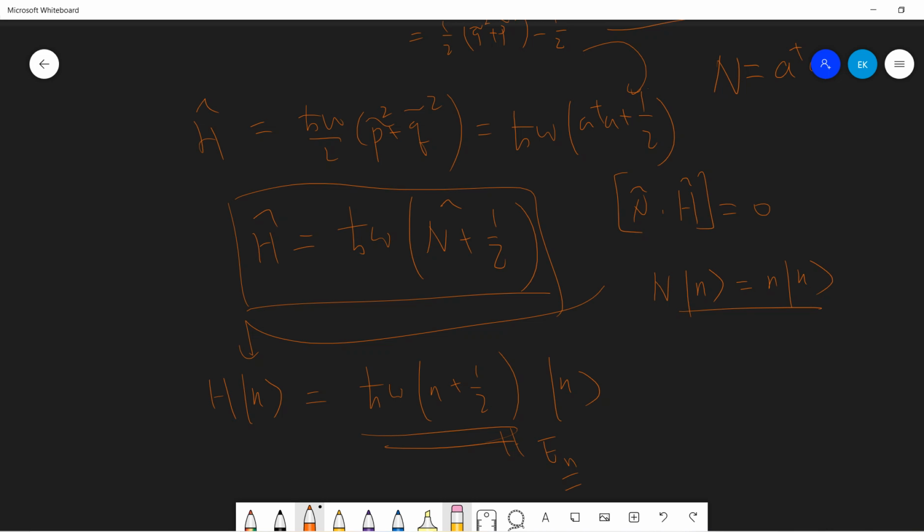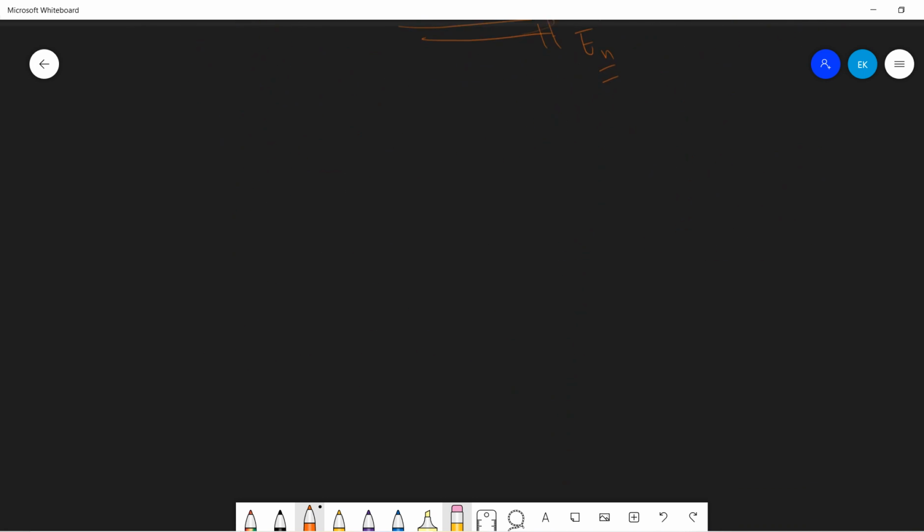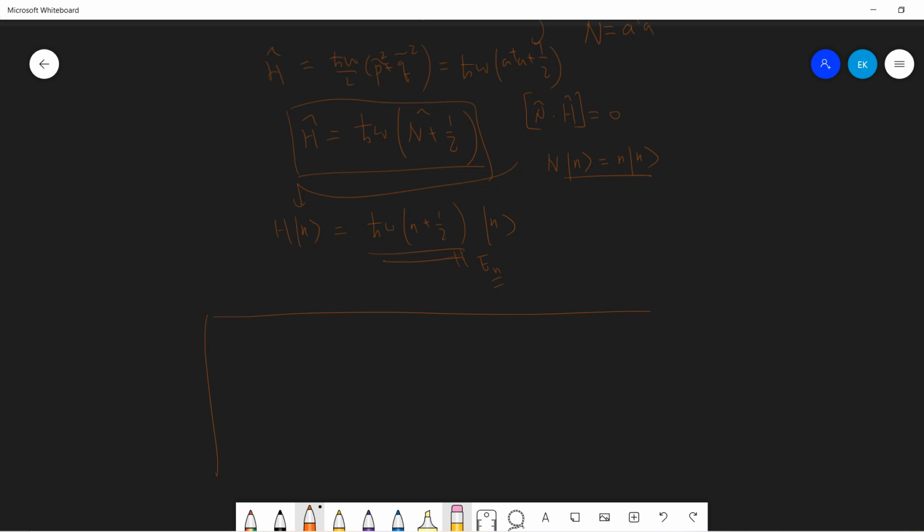Okay, and also one can obtain the relationship of this n and a. We can first check that the commutator of a and a Dagger is 1. And so a a Dagger will be a Dagger a plus 1, so it's n plus 1.